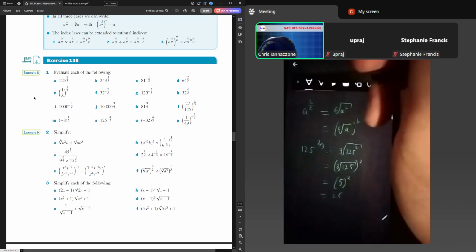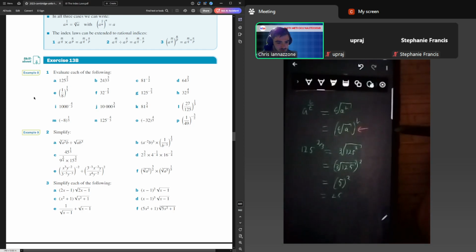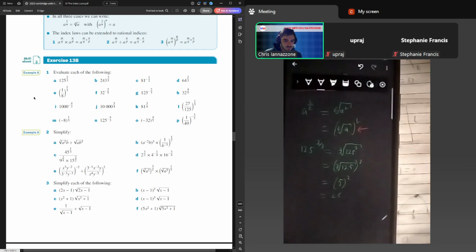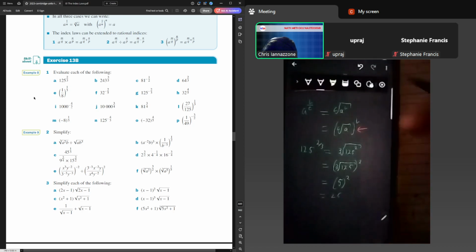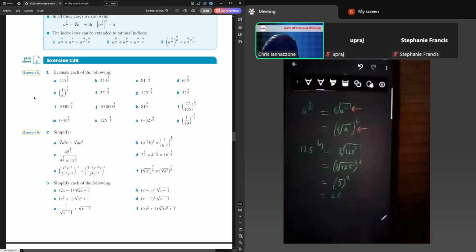So my recommendation is that you'll pretty much always be using this version to simplify things, because smaller numbers are better than bigger numbers as far as working with them by hand. If you're doing CAS, obviously none of this matters. You can just CAS it out and you'll be sorted. But I've yet to see an example where doing it this way is better than this way.